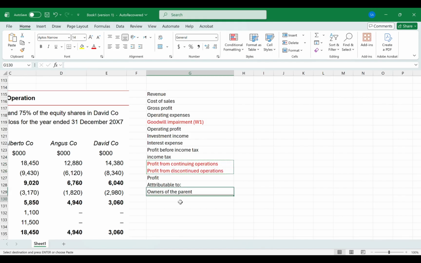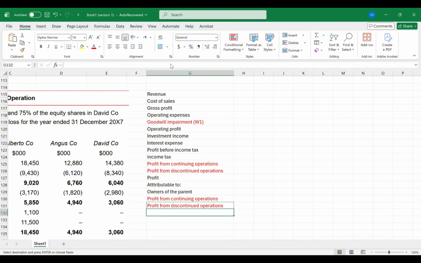I will just copy paste here. And profit for the year attributable to owners of the parent.